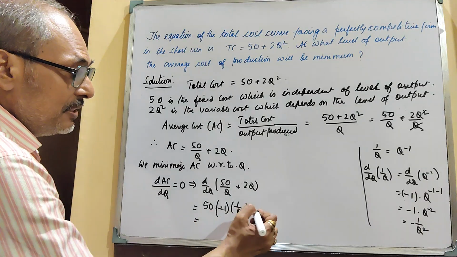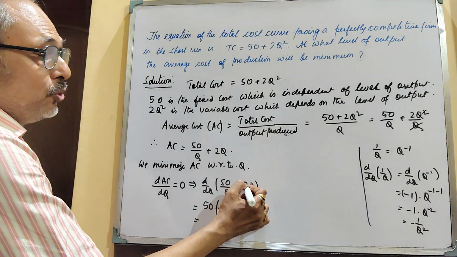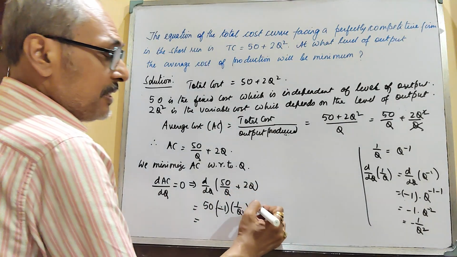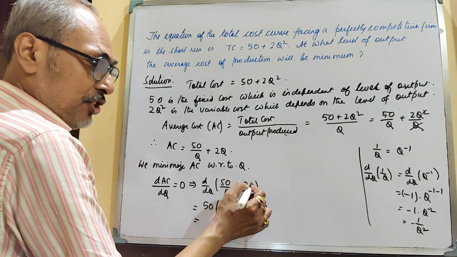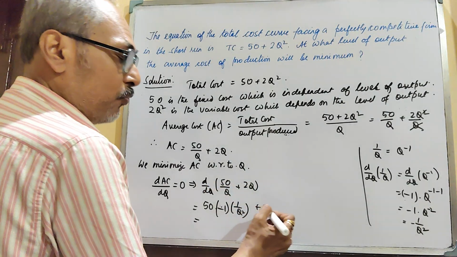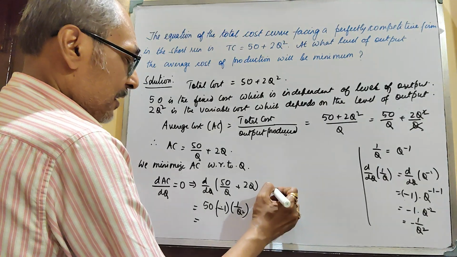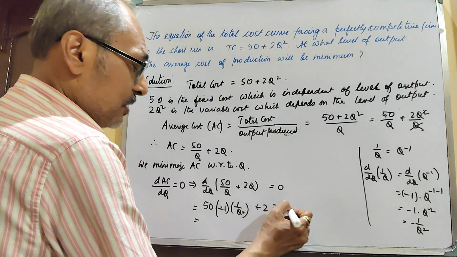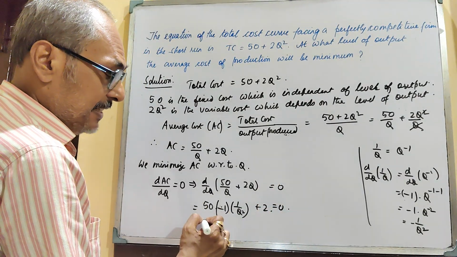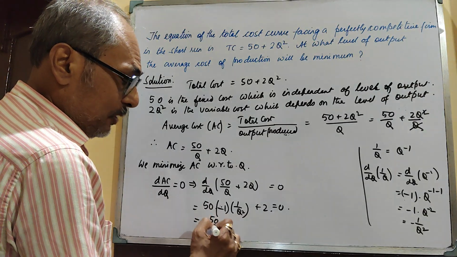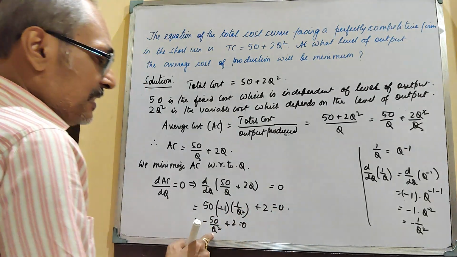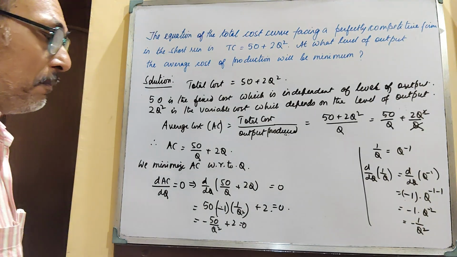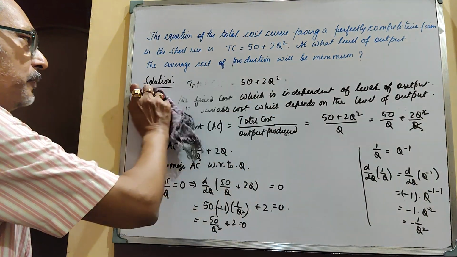And then 2Q is plus 2, and we differentiate Q with respect to Q, which is 1. This equals 0. Therefore, we are getting minus 50 by Q squared plus 2 equals 0.